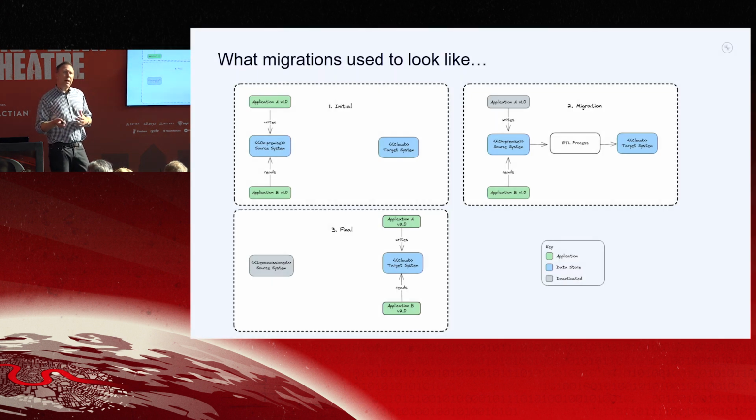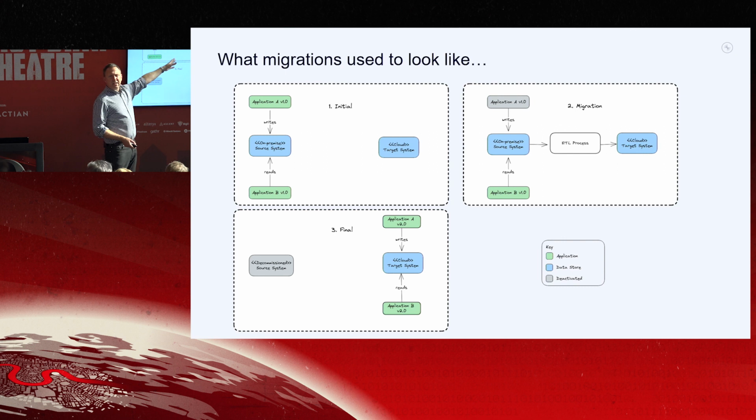So let's take a look at what migrations used to look like. The top left slide shows two applications, a writer and a reader talking to a source system. Let's say that it's on-premise. The location doesn't really matter. The target system is somewhere off in the cloud.